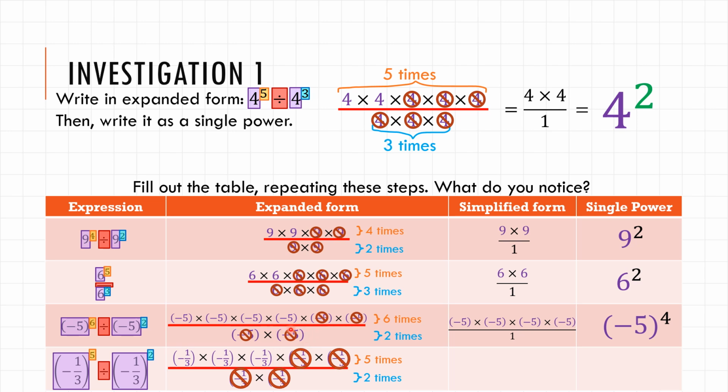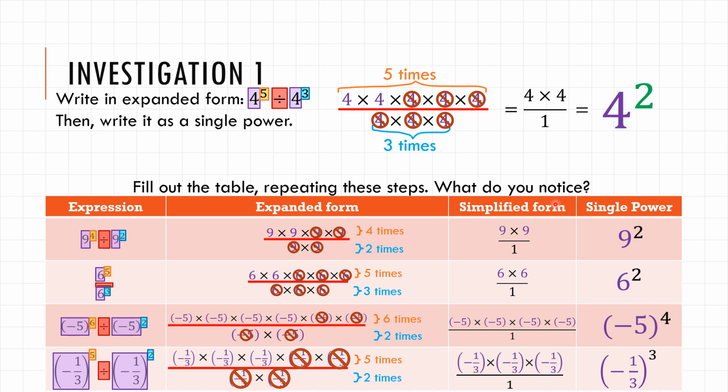Similar to this one, only 2 will cancel out. Over here, we had 3 canceling out. And we're left with just 3 negative 1 over 3's on the top. What does that mean? That this is negative 1 over 3 to the power of 3. And so that number, even though we canceled out 2 just like we canceled it here, is not the same as this 4 here. What is actually happening here?